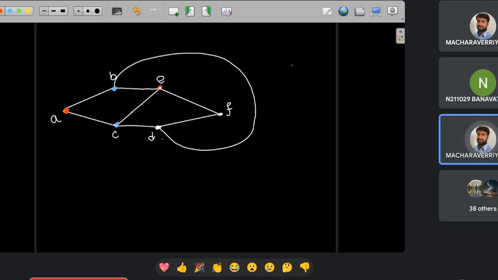Then you go with red here, and this must be assigned red color, and this can be assigned blue color, right? So the graph is a bipartite graph here. 2 colors are enough. Therefore, the chromatic number of this graph is 2.